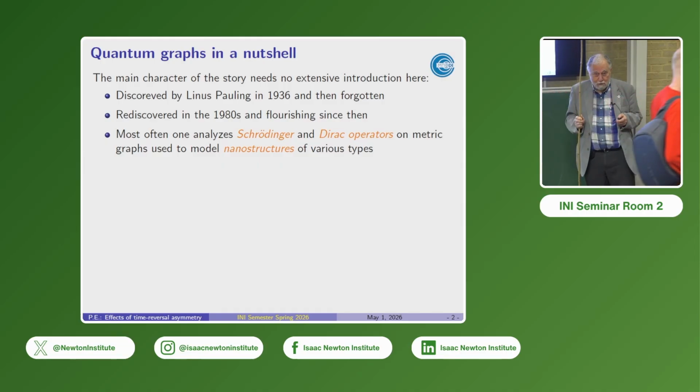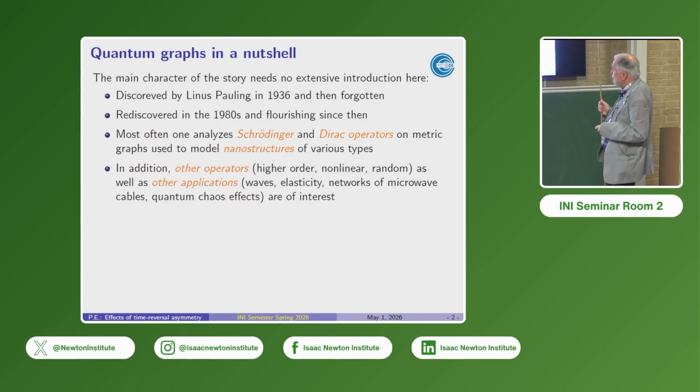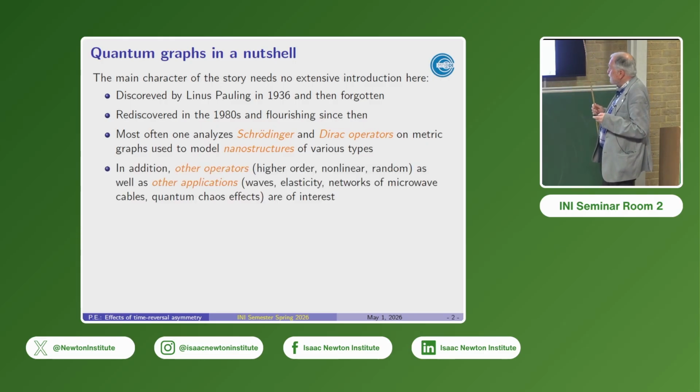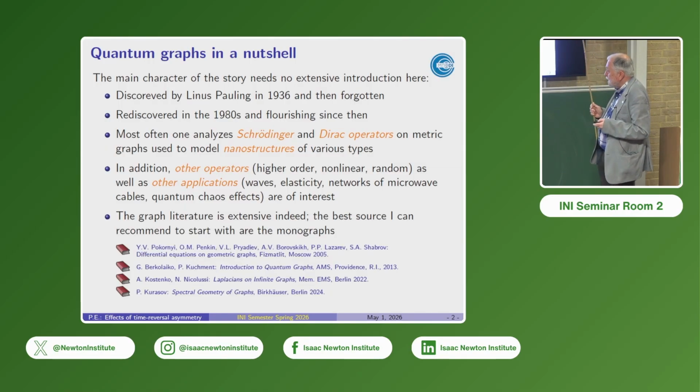From the physics point of view, they are used as models of various nanostructures. You can put other operators there, and there are other applications. The monographic literature is rich enough already, with at least 4 big books from which one can learn the basic facts.